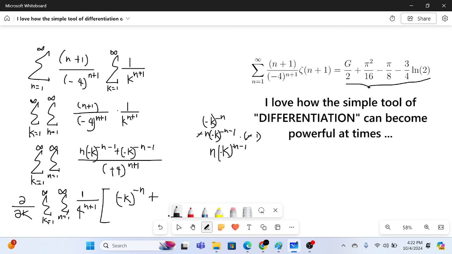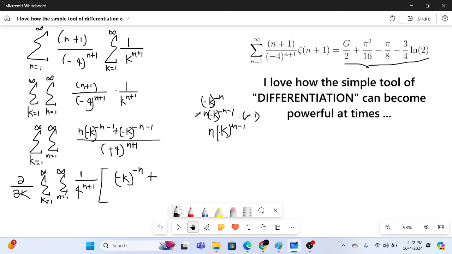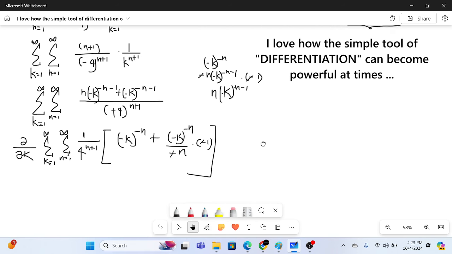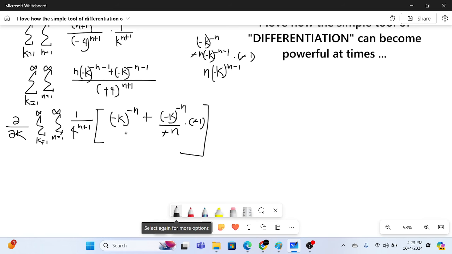Its integral is just minus k to the power minus n, divided by minus n, and we will also have a minus 1 over here because k has a minus sign. Now this thing cancels out. It will be easier to solve because there are no such n's to distract us.